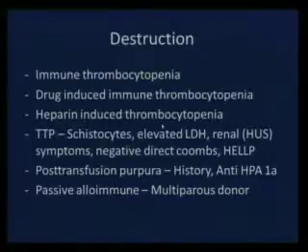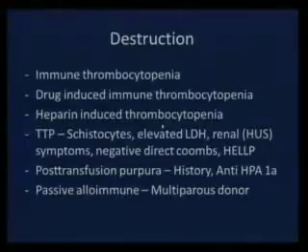So, where do we see destruction? Immune, drug-induced, heparin-induced, TTP. TTP is another thing which we should be worried about in critical patients. We usually see what? Schistocytes, elevated LDH, renal symptoms pointing towards hemolytic uremic syndrome, negative direct Coombs test.